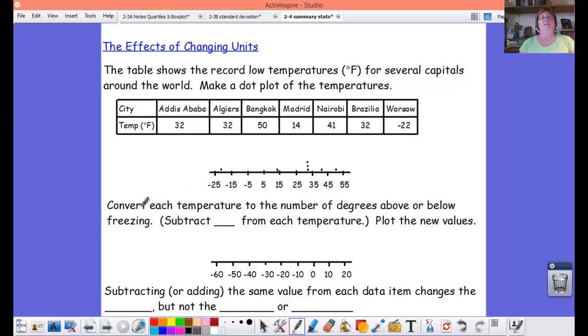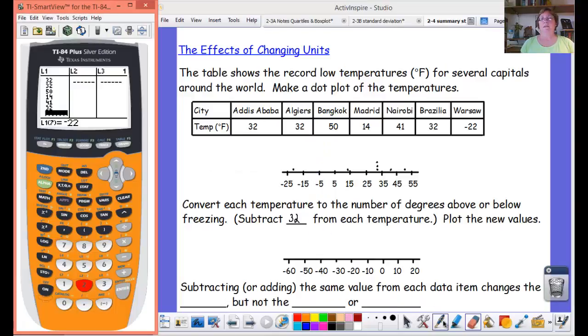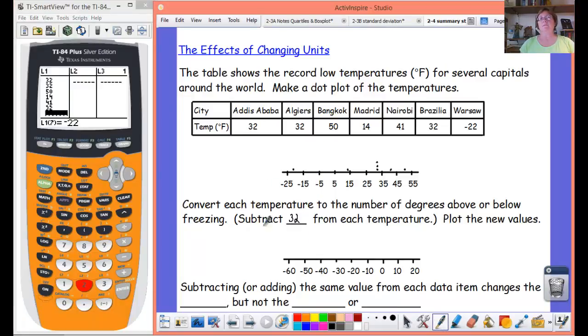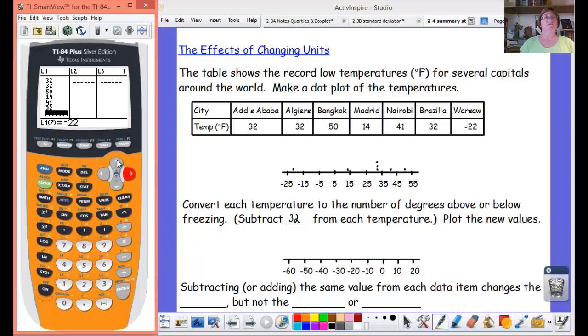Take a second. We're going to convert each temperature to the number of degrees above or below freezing, okay? And we're in degrees Fahrenheit, so we want to subtract 32 from each temperature. Here you can see I brought my calculator up. I'm going to subtract 32 from each temperature. You can do that in the list. This is really just a handy machine. So in list 2, I'm going to go up on the title and tell it to take list 1, whatever's in there, and subtract 32 from it.